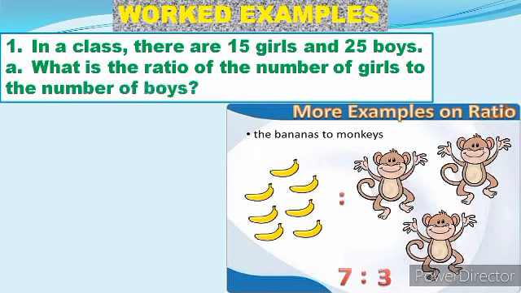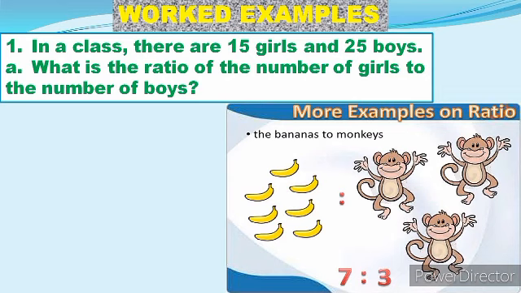What is the ratio of the number of girls to the number of boys? Remember I told you that you have to write your ratio respectively. Now, the ratio that is being given to us is the ratio of number of girls to the number of boys. Now, respectively, my ratio will be girls ratio boys and not boys ratio girls.